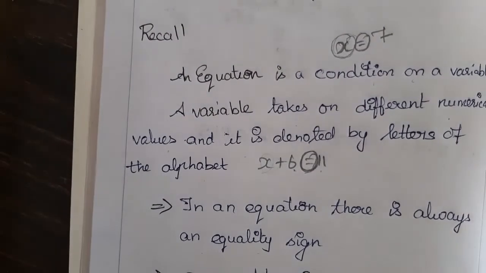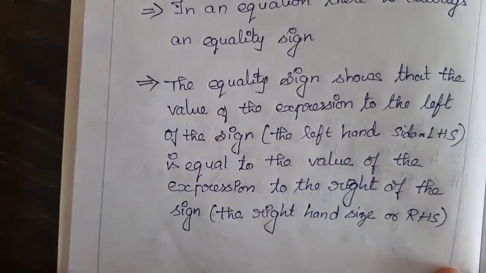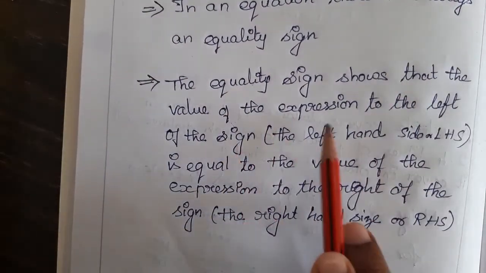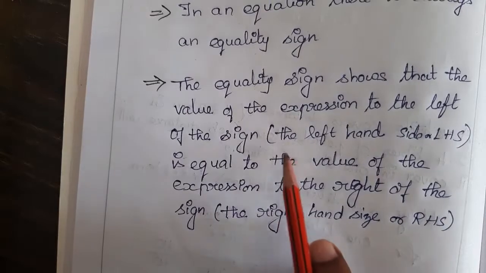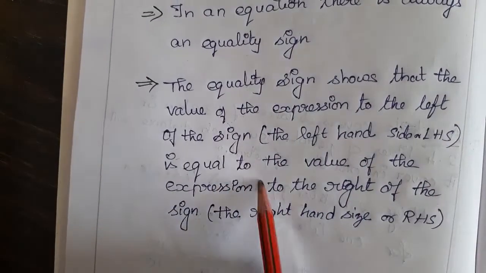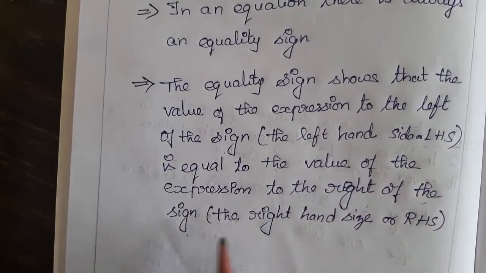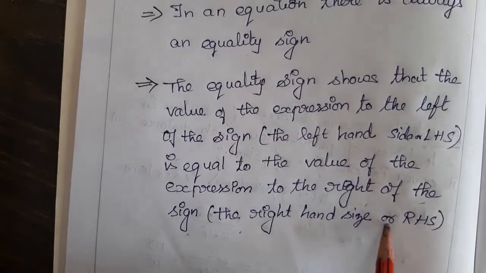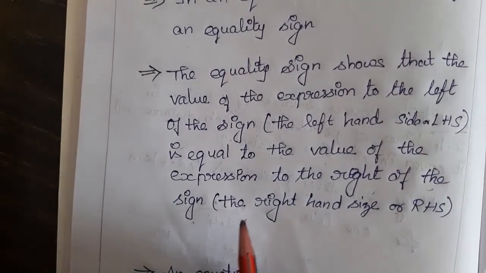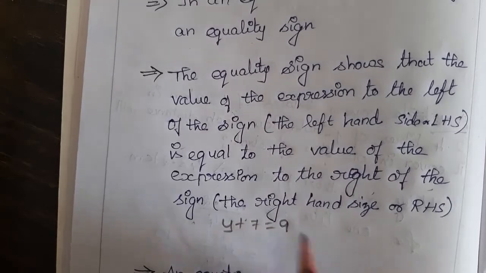Next, the equality sign shows that the value of the expression to the left of the sign, that is the left hand side, or LHS, is equal to the value of the expression to the right of the sign, that is the right hand side, or RHS. Example: y plus 7 is equal to 9.